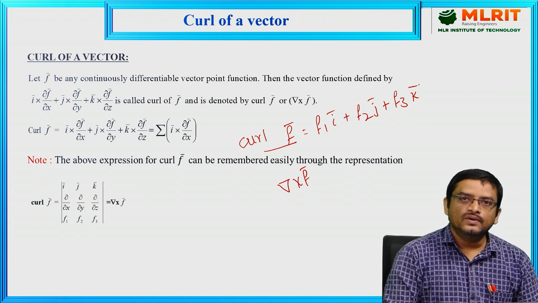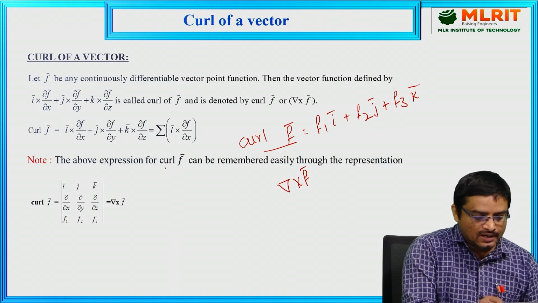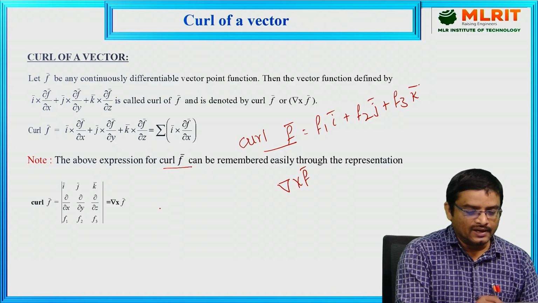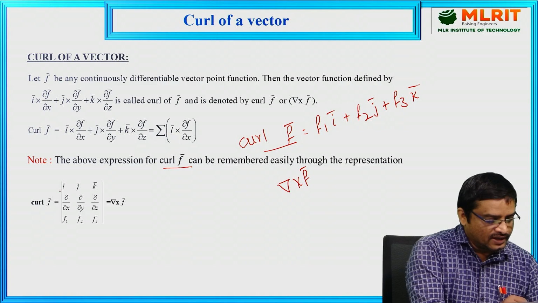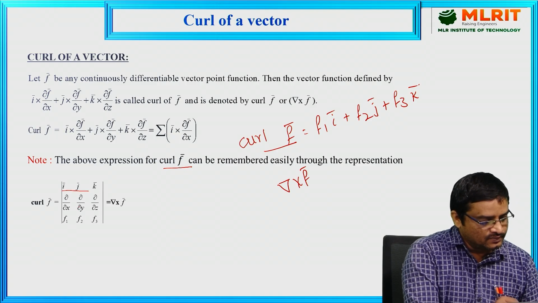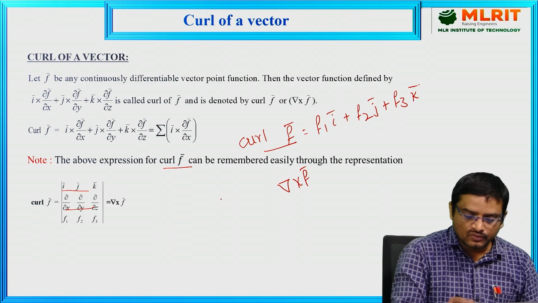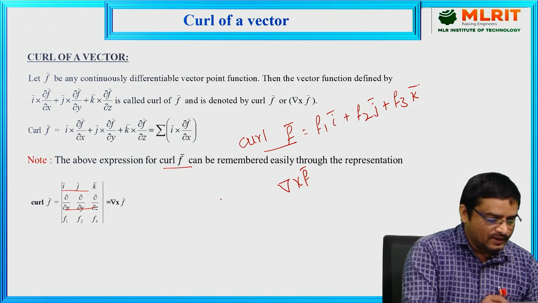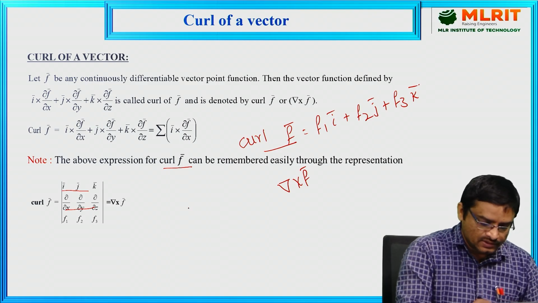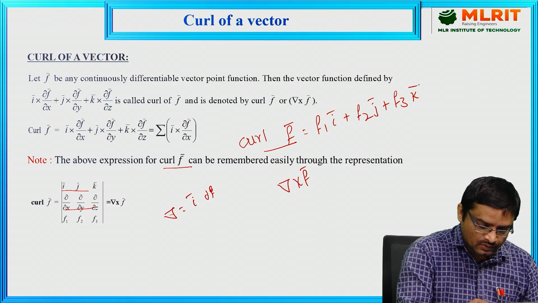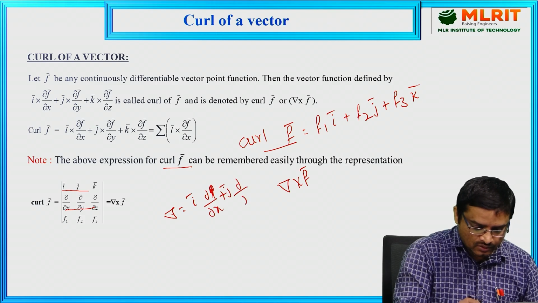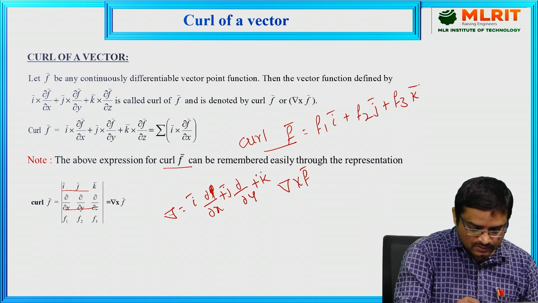In a simple way, we can get the curl f bar value as the determinant of: take the vectors i bar, j bar, k bar, and in the second row take the coefficients in the del operator. Del is equal to i bar dou by dou x plus j bar dou by dou y plus k bar dou by dou z.